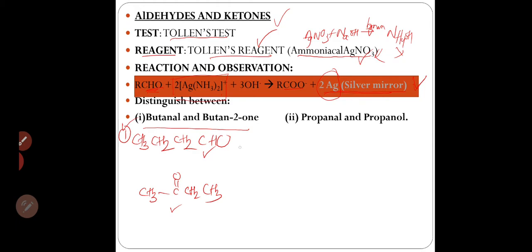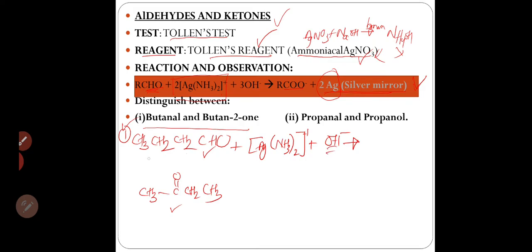So while doing the Tollens test, you need to write this complex: Ag ammonia complex, diamminesilver(I). Then since ammonia is basic, like this is alkaline in nature, OH minus is there.